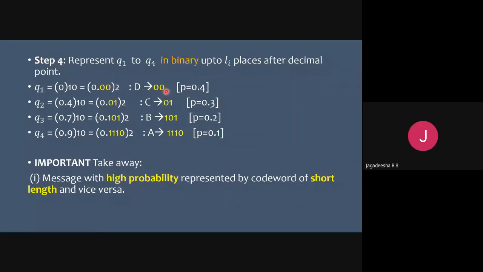Then even if you want to send it 10 times, you are not consuming so many bits, because its size is very small. So that is the idea. That is the intelligence in this algorithm. So initially I gave you an example when I talked about source encoding today, that if there are 4 symbols, let us represent it as 00, 01, 10, 11. That is very common, very easy, everyone can do. But Shannon found this idea.